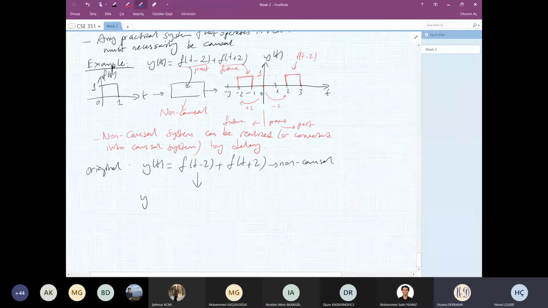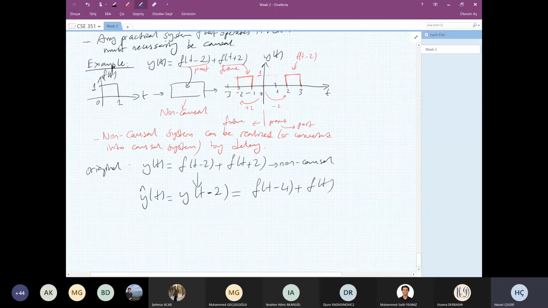Exactly, yeah, you shift. My new output, let's call it y hat of t, is simply the shifted version of this system by 2, in order to get rid of this future sample on the left. If we apply this shifter, it's going to be f of t minus 4 plus f of t. Now I get rid of the future.